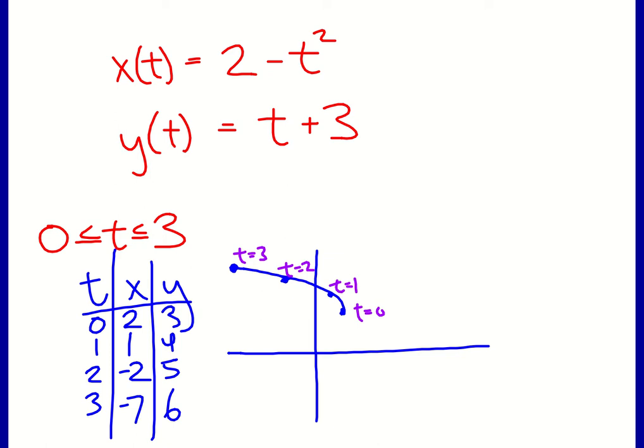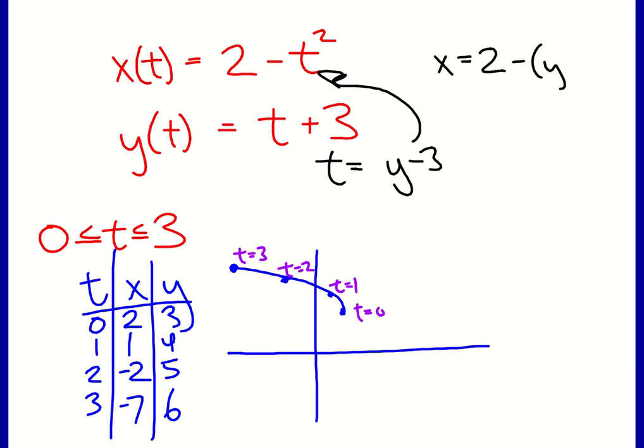Et cetera. To eliminate the parameter means to get rid of t and write this in just Cartesian form with x and y. So to eliminate the parameter, I would solve one of these equations for t, whichever one is easiest. So I would say t equals y minus 3. And then I'm going to substitute that into the other equation. So I get x equals 2 minus (y minus 3) quantity squared.